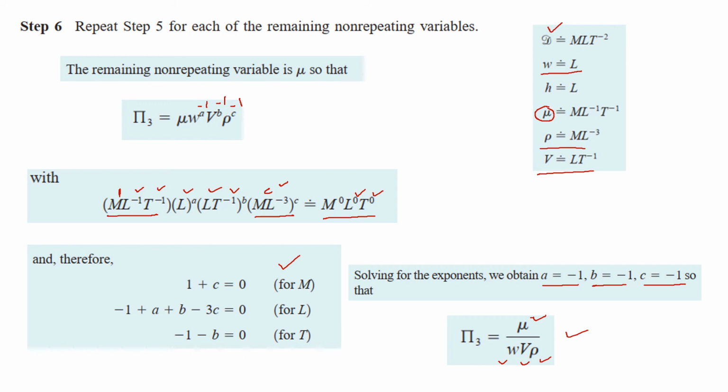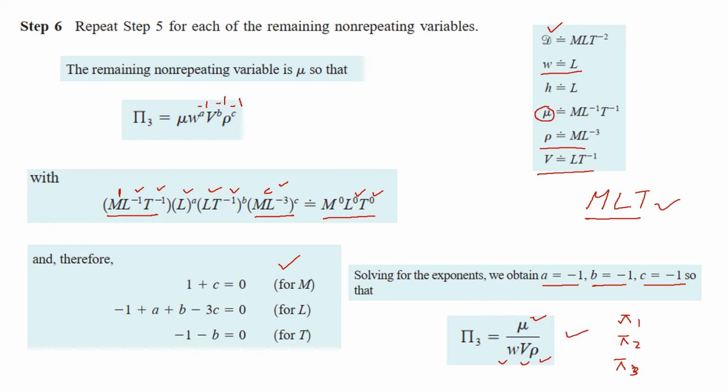Now I have all my 3 pi terms that I needed to find. And now in the next step I will again check them for dimensionlessness, whether they are all dimensionless or not. As you remember, we started our example with 3 basic dimensions, and these were my 3 basic dimensions MLT. So first I will check my 3 pi terms, pi 1, pi 2 and pi 3, that they are dimensionless for these basic dimensions, mass, length, time.